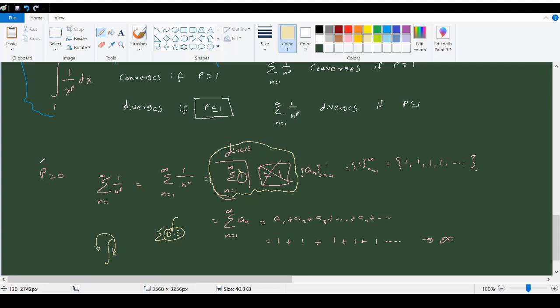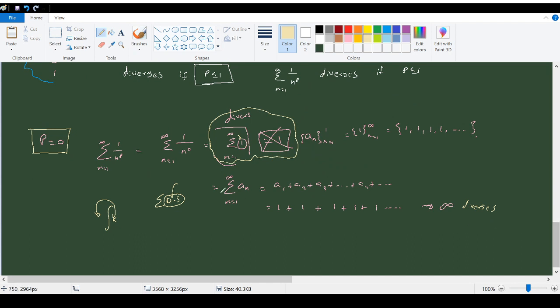So what we have is, when p is equal to 0, the series diverges, right? Without any tests or any outside source, we can directly see that the series diverges, okay? If you prefer, you can even write down the partial sum sequence, and in this case the addition of the first n terms will be equal to n, right?